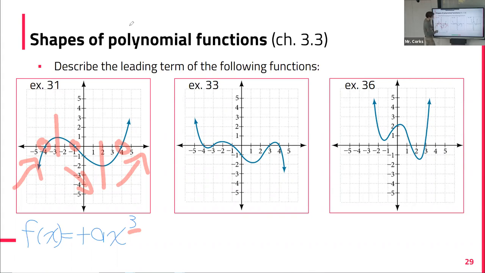Okay, next one. What can we say about this? All right, so negative a, and I'll write dot, dot, dot, x.